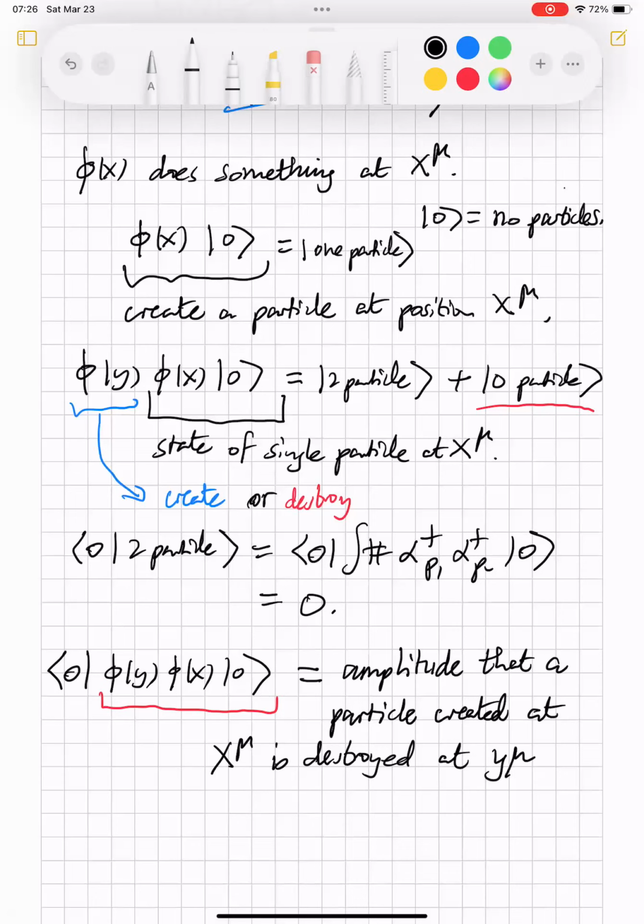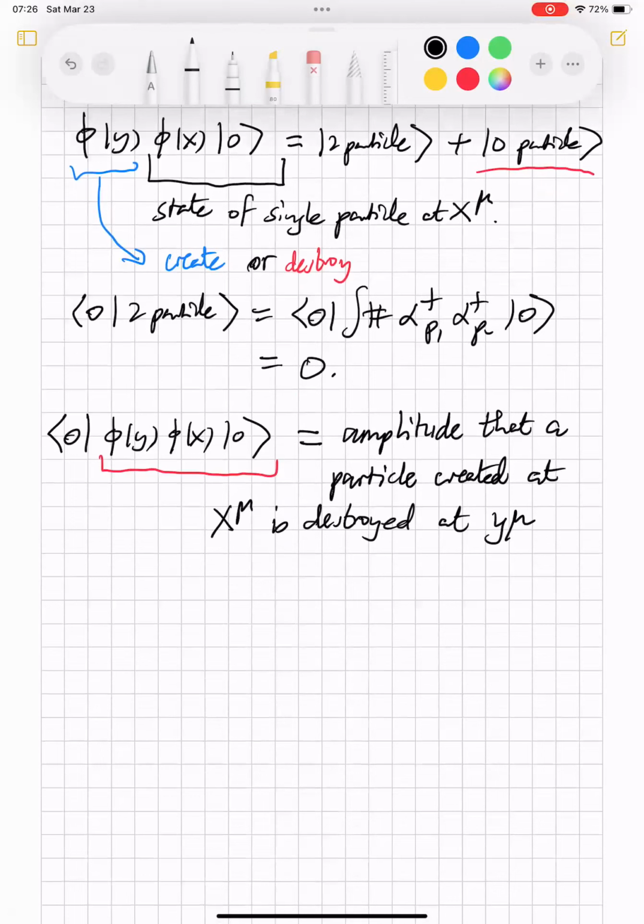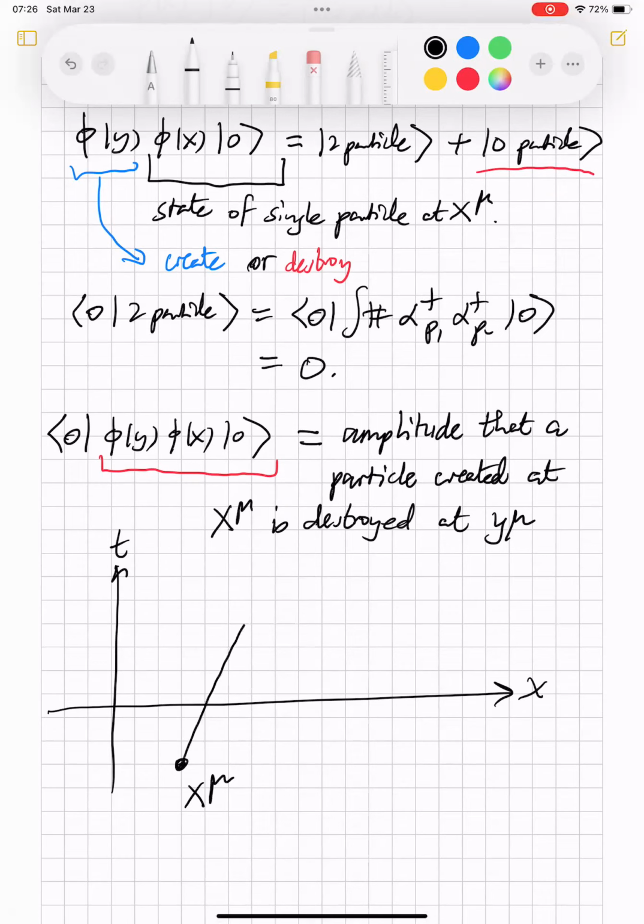Destroyed or detected, okay? So this is one thing that our field can do. We can use it to work out the probability amplitude. So let's just draw a little space-time diagram. There's t, there's x. So we create a particle at the space-time event x mu, and we're now learning the probability to detect it at space-time event y mu. That's one thing we can do with our field.